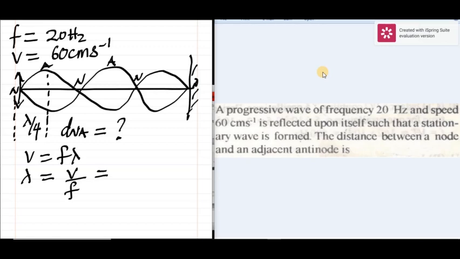V is 60 cm per second and the frequency is 20 Hz. Per second can get across Hz because that's the same unit dimensionally, and 60 divided by 20 will give us 3 cm.